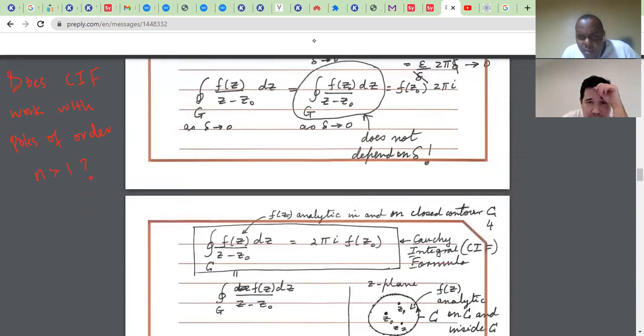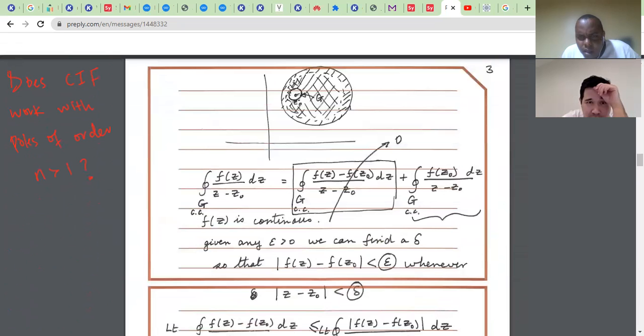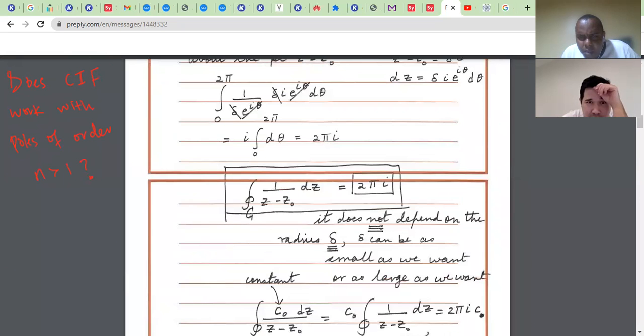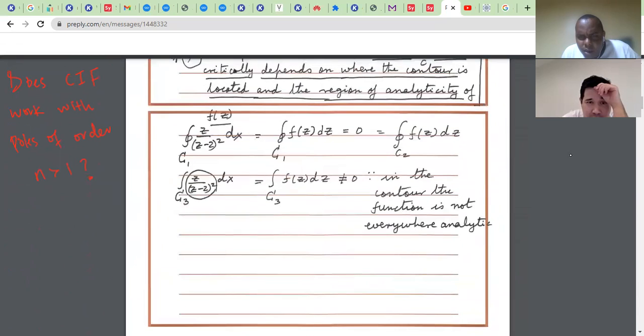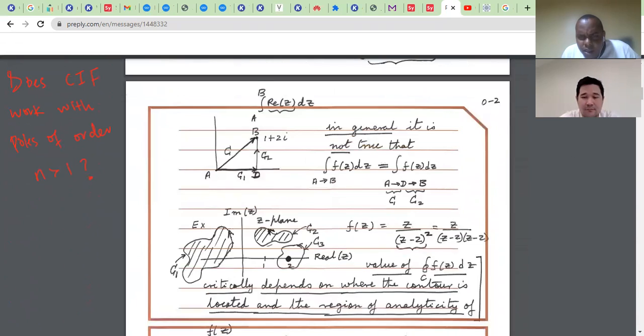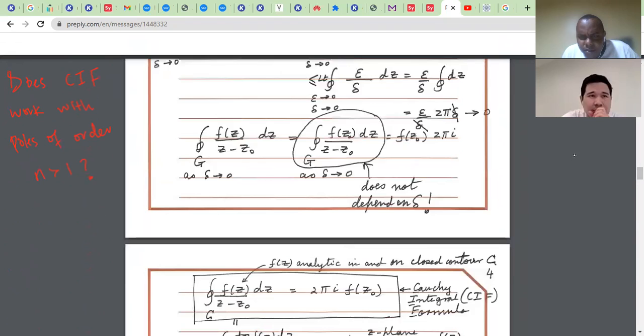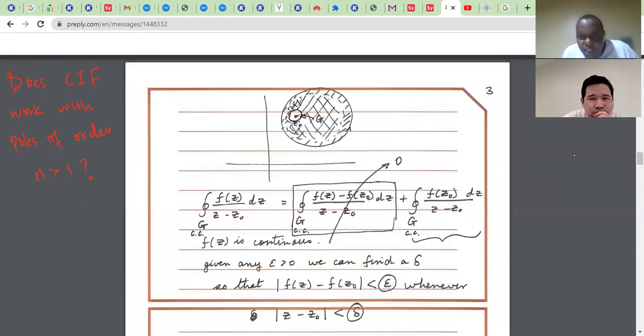Because if I go up to that formula, where was it? Yeah, here it is.